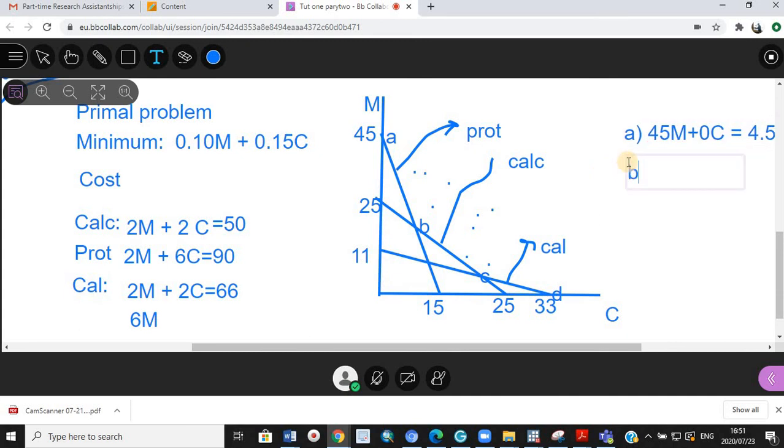For B, these are the corner points, right? I will just label it when I'm done. For B, we have, no, we're 15, 10. This is B. We're 15, we have 10. All right. 15, 10C.